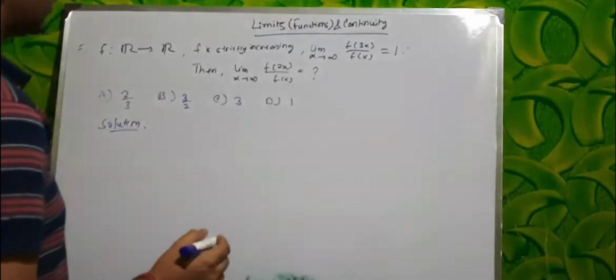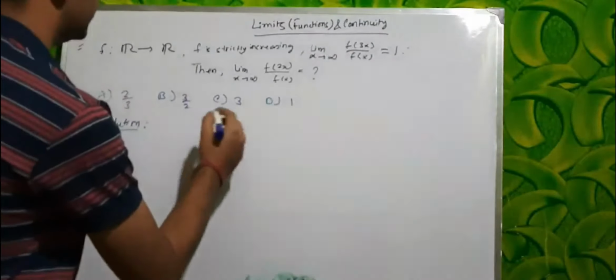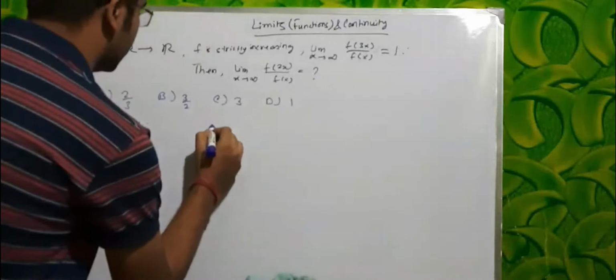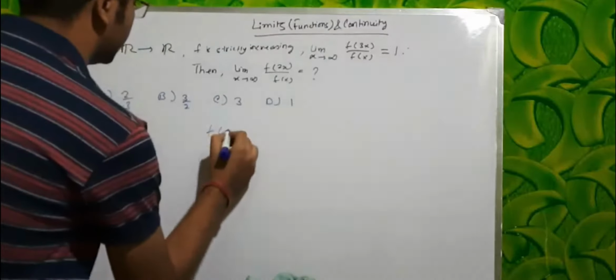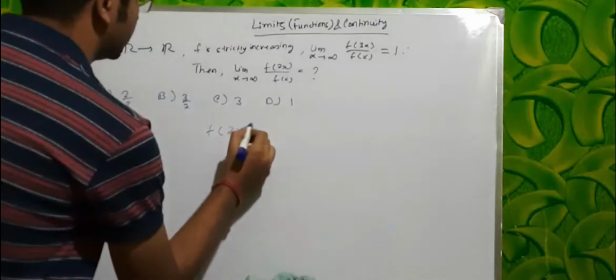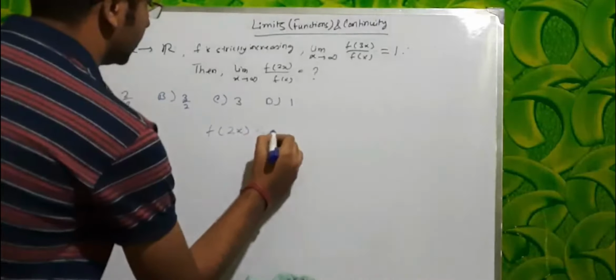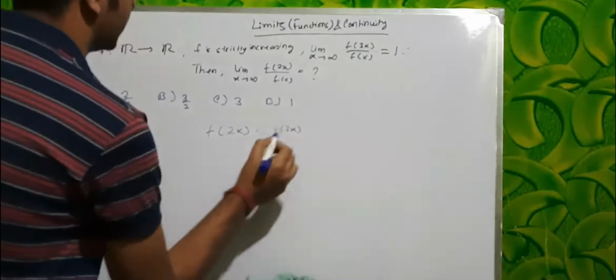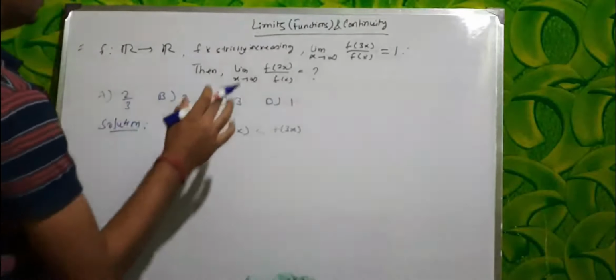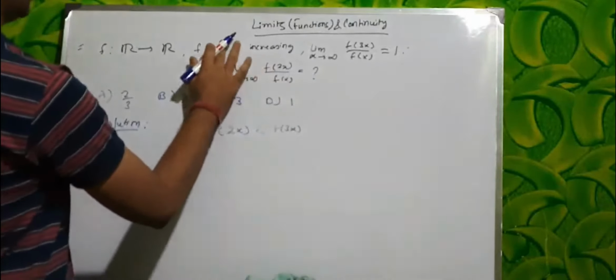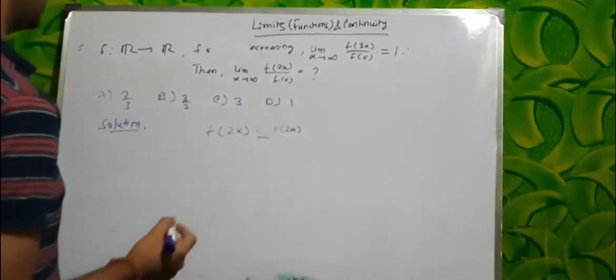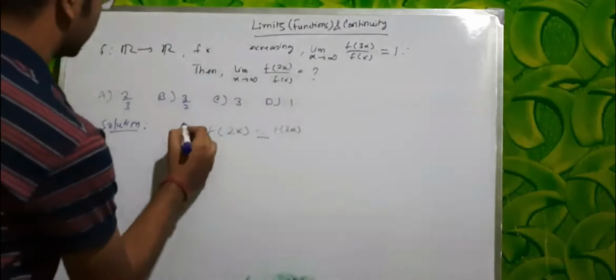Okay, so since f of x is strictly increasing, can we say that f of 2x is less than f of 3x? Can we say that? Okay, f is not strictly, f is increasing actually, so it may be less than or equal. So we can say that, right?